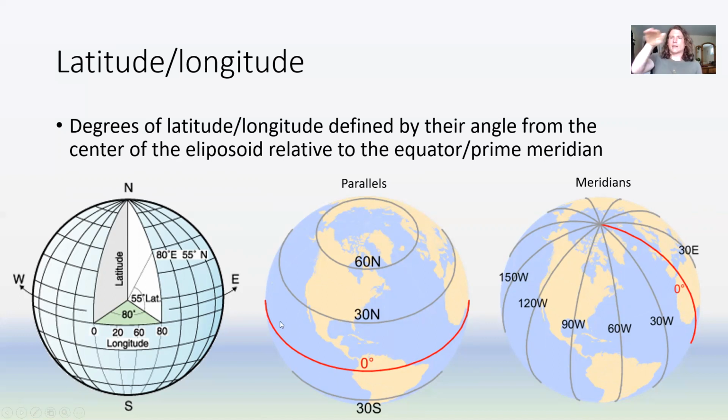Latitude, the lateral ones running east-west, are the angular distance relative to the equator. The equator is a much more physically rooted, logical choice because it essentially splits the Earth into two halves and represents where the Earth is at its widest. And so latitude is the angular distance north or south of the equator.